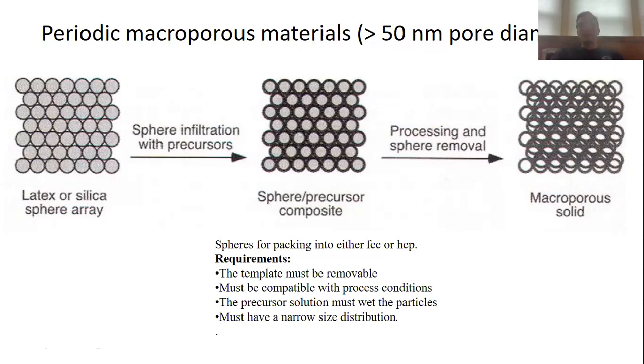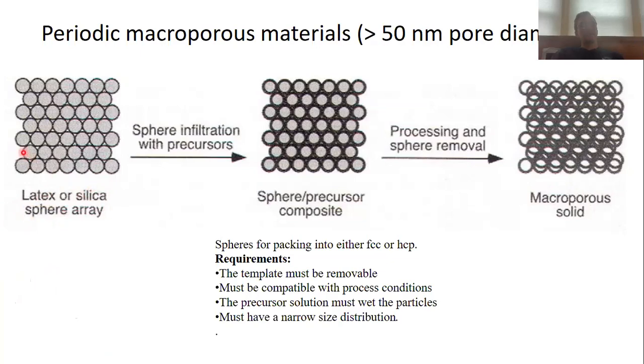Now the concept of nanocasting, which we discussed previously, can also be extended to form macroporous materials. We only need a different template. And a popular template that you can use is latex or silica spheres that are packed in periodic arrays.